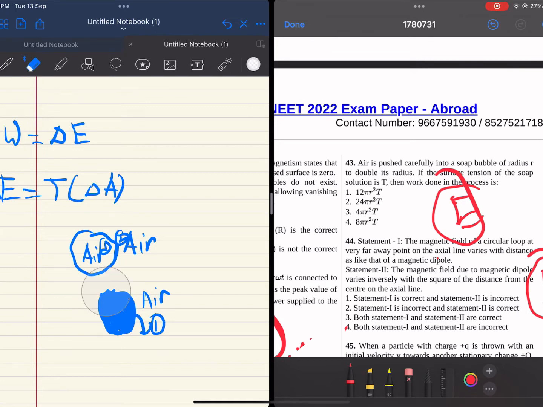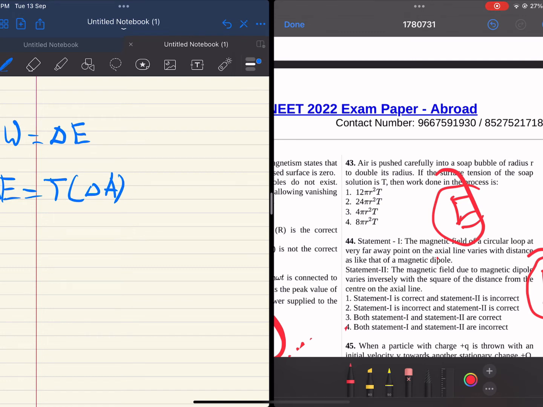Since there are two interfaces, that means there are two surfaces, and the surface area of a sphere is 4 pi r squared. So T, and there are two interfaces, so I will multiply by 2 outside, and 4 pi into the change in radius squared will give us the change in area. We are doubling the radius from r, so the final radius becomes 2r, so the final radius squared is 4r squared, and the initial radius squared is r squared.